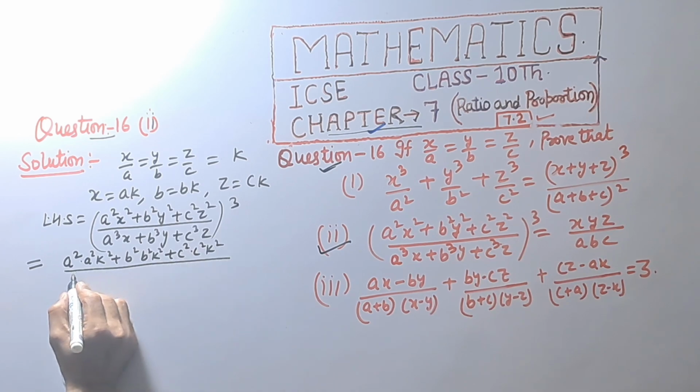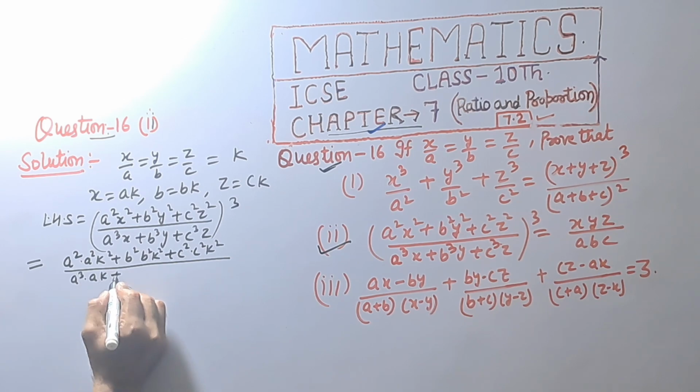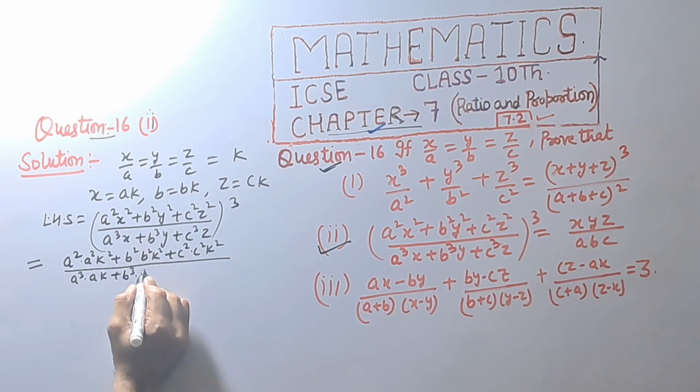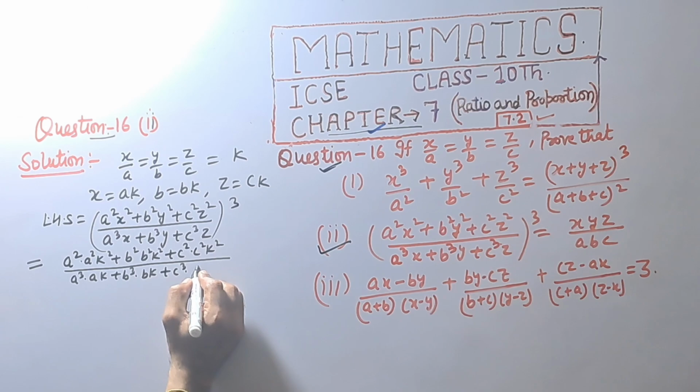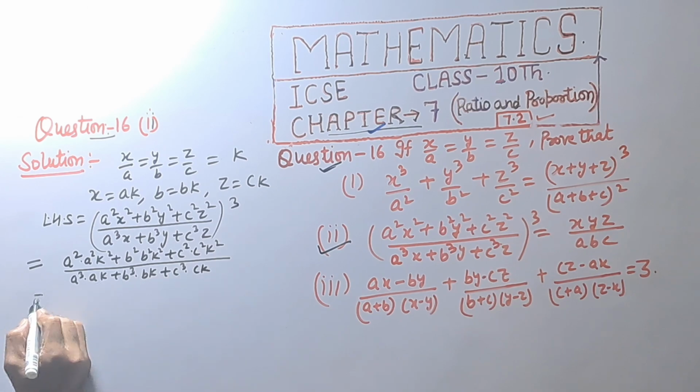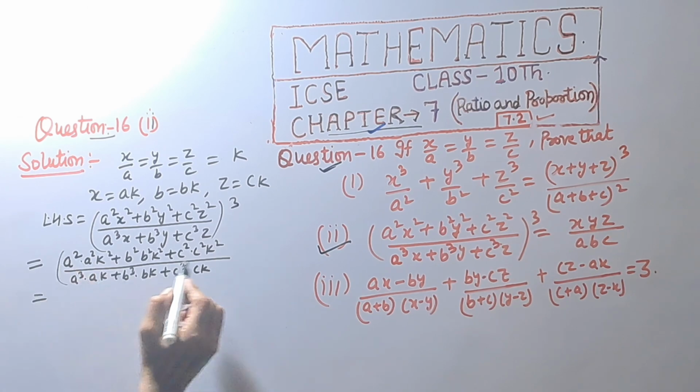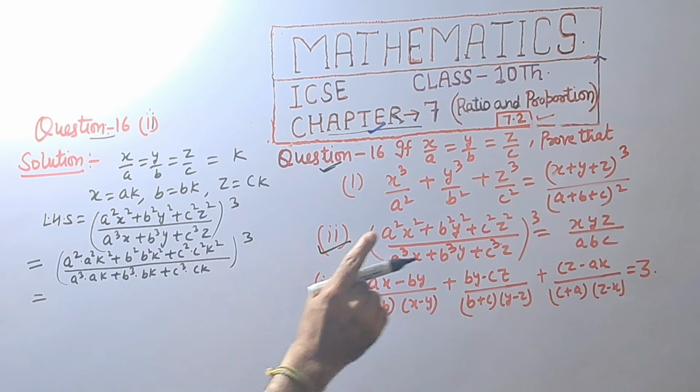divided by a cube into ak plus b cube into bk plus c cube into ck, all raised to power 3.